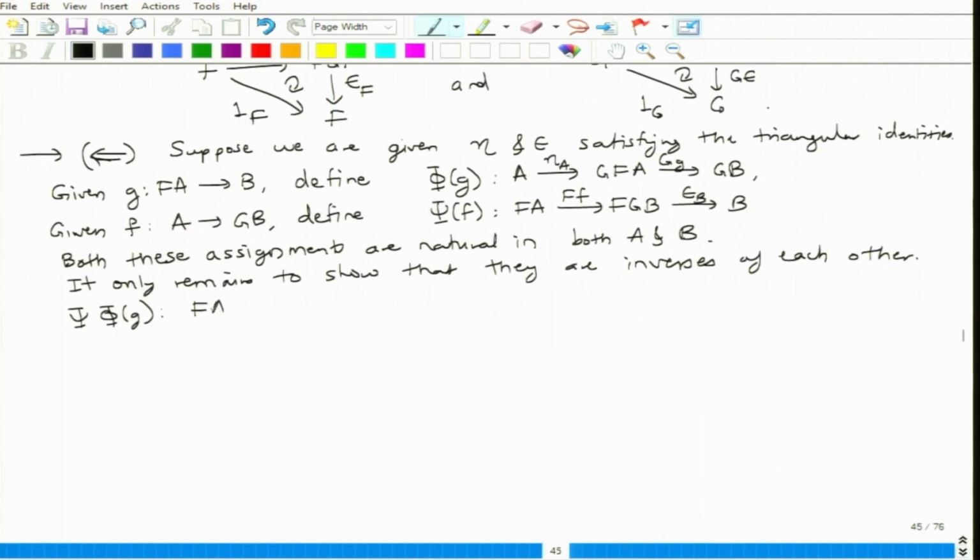So that is FA, then F eta_A to FGFA, to FGg, to FGB, and then finally apply epsilon_B to get down to B. Any problem over here? Did you understand what I did? I took phi g, I applied F on each component, and then when I finally reached FGB, I just composed with epsilon sub B.